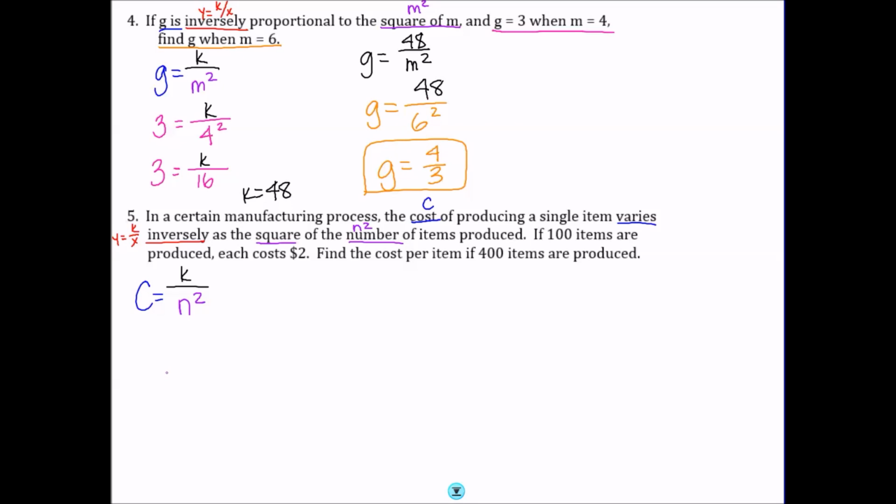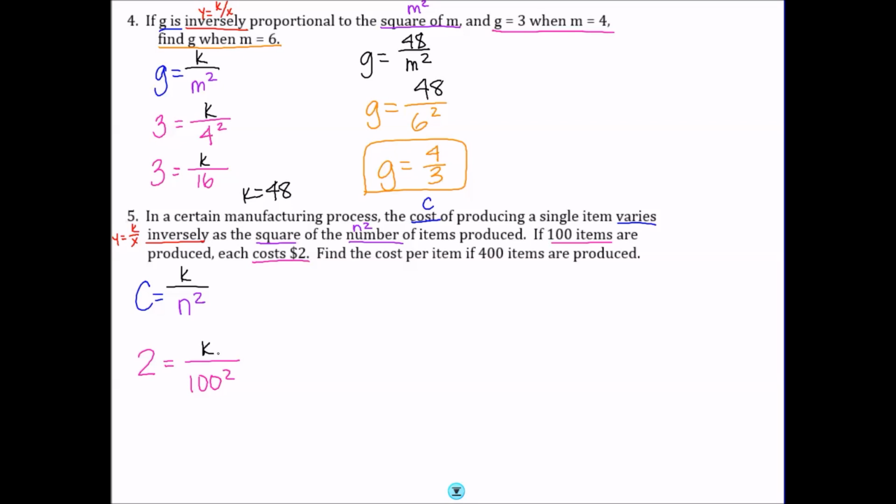The next sentence says, if 100 items are produced, each costs $2. So the cost is 2. The number of items produced is 100. So I need to figure out what k is.